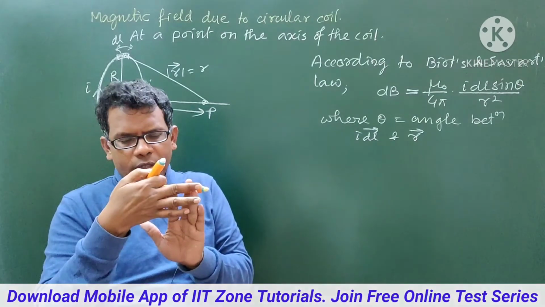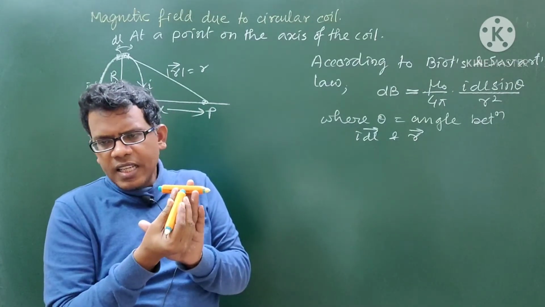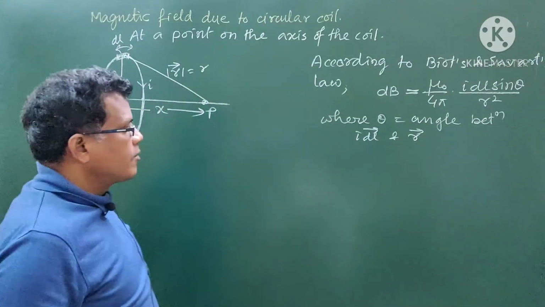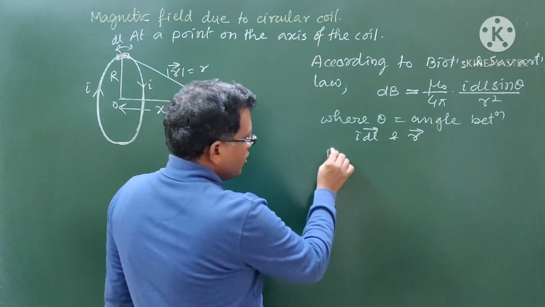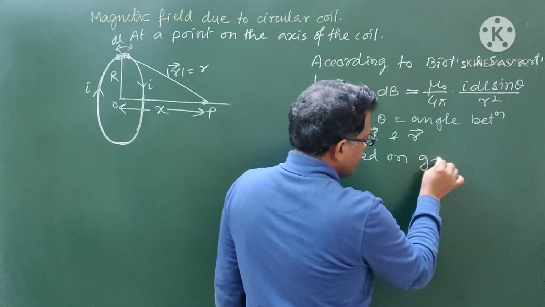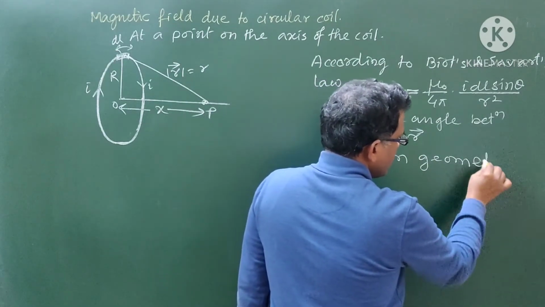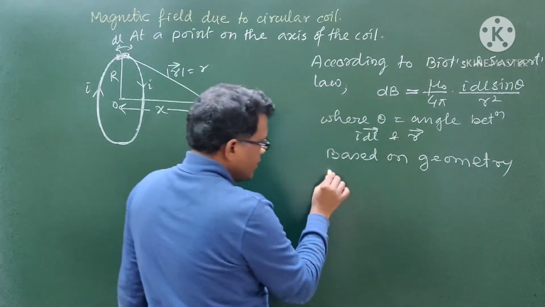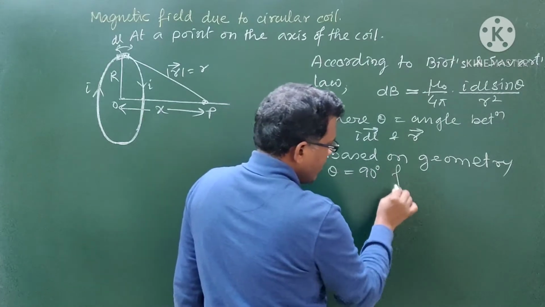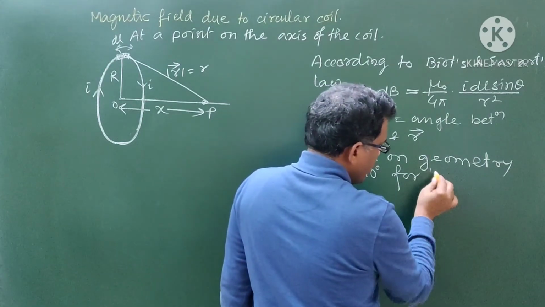The current element lies on the plane of the circle, and this slant line is perpendicular to it. So based on geometry, theta must be 90 degree for the given arrangement.